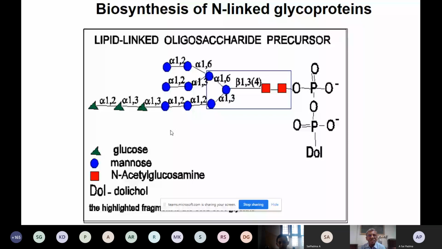All the N-linked glycoproteins that are formed in the cells are always formed initially by attaching this 14-sugar unit, which is also called the core oligosaccharide. This core oligosaccharide is generated by a variety of enzymes and is anchored to dolichol pyrophosphate in the ER membrane. How this is done, we'll see in the next 2-3 slides.